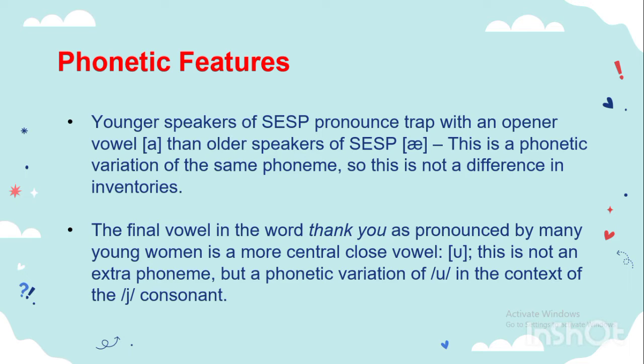This is a phonetic variation of the same phoneme, so this is not a difference in inventories. The final vowel in the word thank you, as pronounced by many young women, is a more central vowel. This is not an extra phoneme, but a phonetic variation of /u/ in the context of the y consonant.